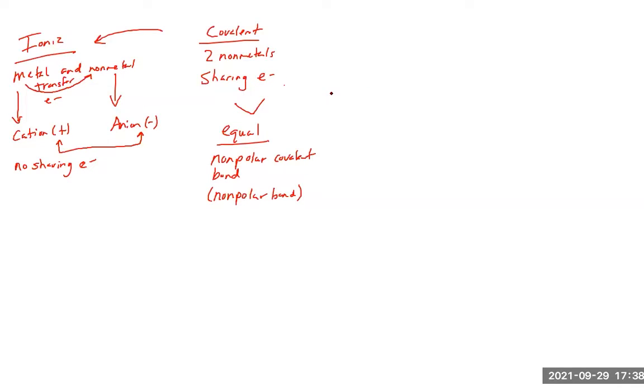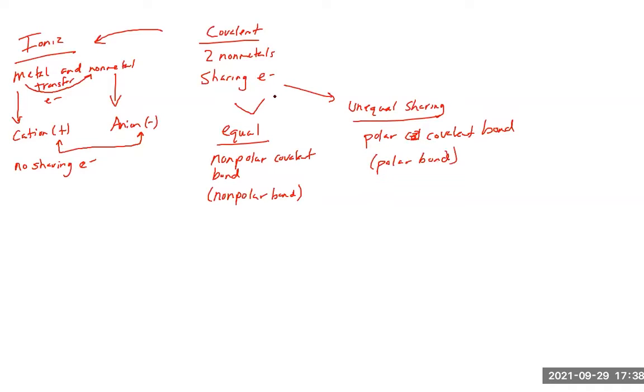Or we may have unequal sharing of electrons. Unequal sharing is a result of another type of covalent bond, which is referred to as a polar covalent bond. Again, in most cases, people really just call this a polar bond.